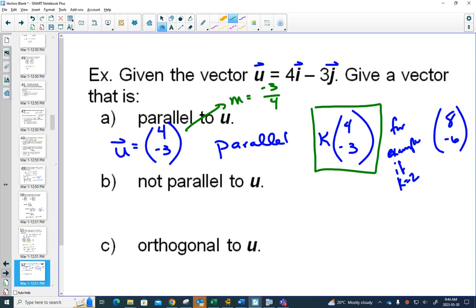Your rise is your y value. Your run is your x value. So a column vector is kind of a slope, but just flipped on you, because it always has the x on top and the y on the bottom, but slope is always y on top and x on the bottom. Can you see that when I multiplied this by 2, the slope of this one would be -6/8? And of course, that fraction would reduce to the same thing.